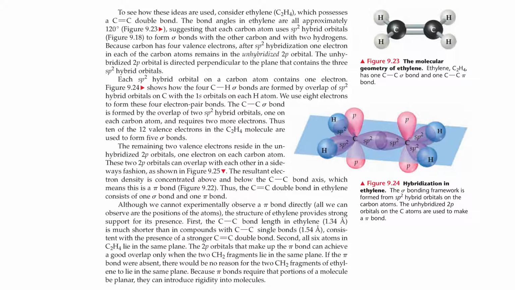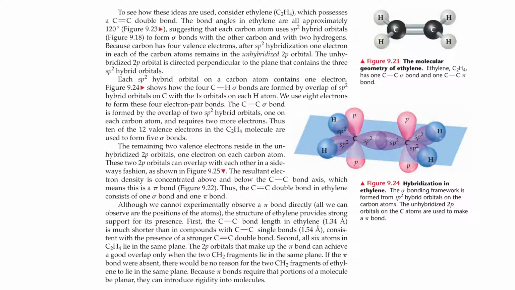Although we cannot experimentally observe a pi bond directly, as we can observe the positions of atoms, the structure of ethylene provides strong support for its presence. First, the carbon-carbon bond length in ethylene, 1.34 angstroms, is much shorter than in compounds with a carbon-carbon single bond, 1.54 angstroms, consistent with the presence of a stronger carbon-carbon double bond.